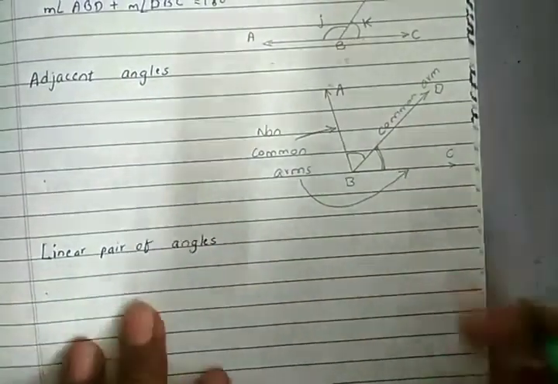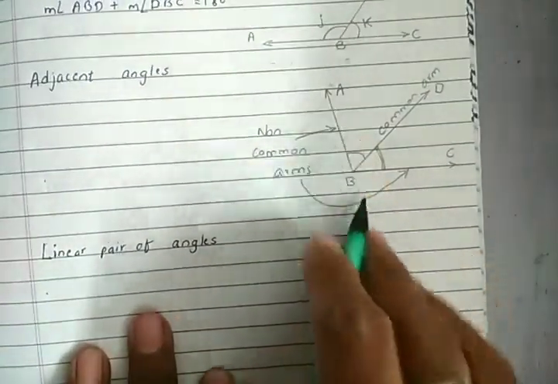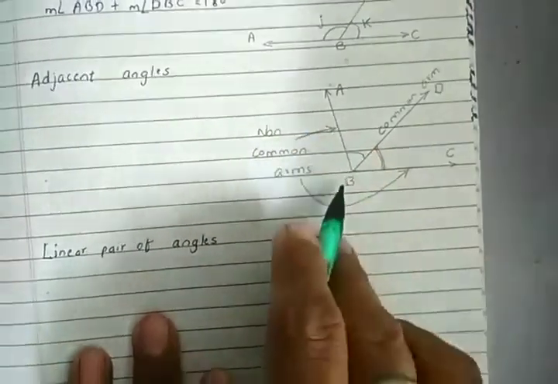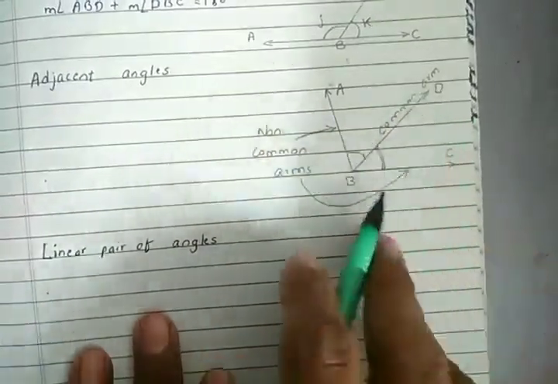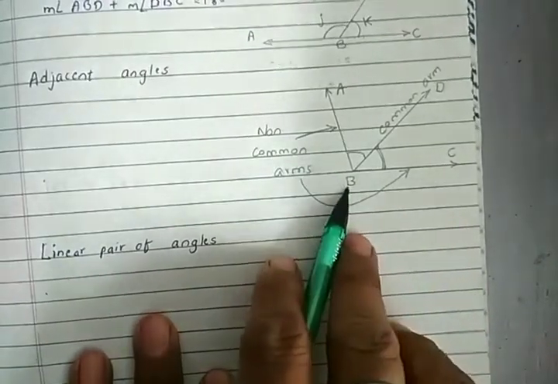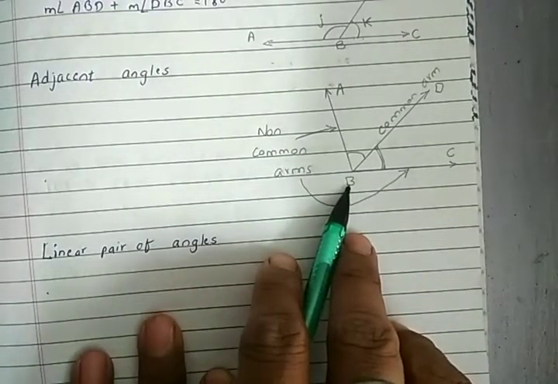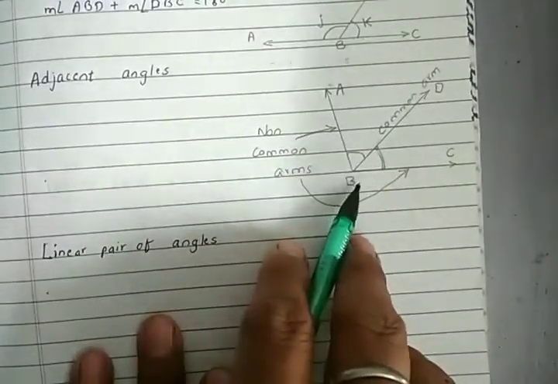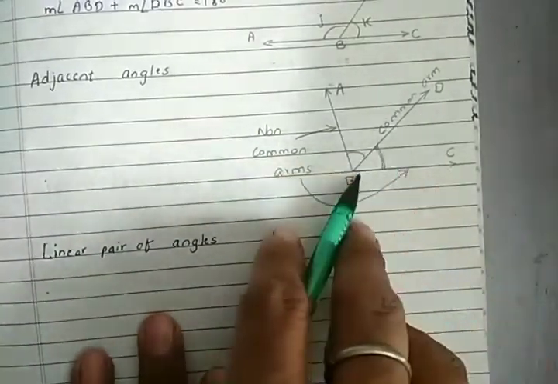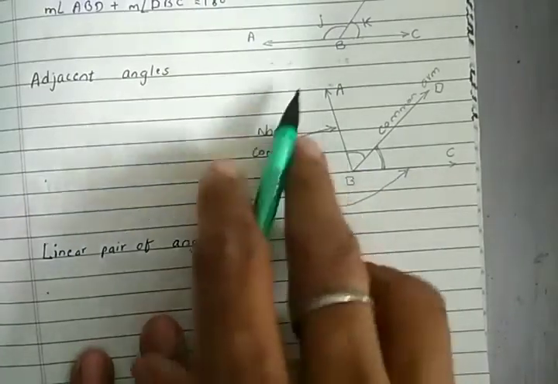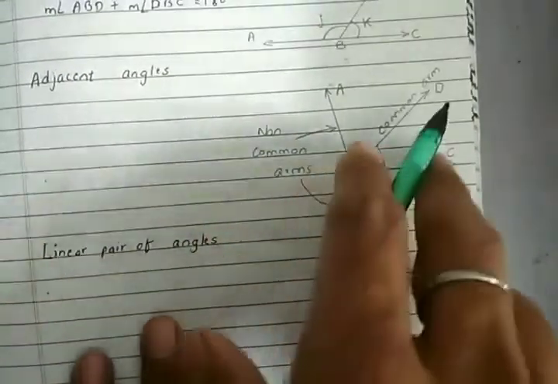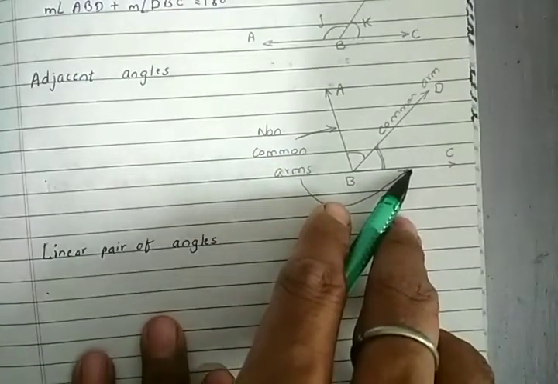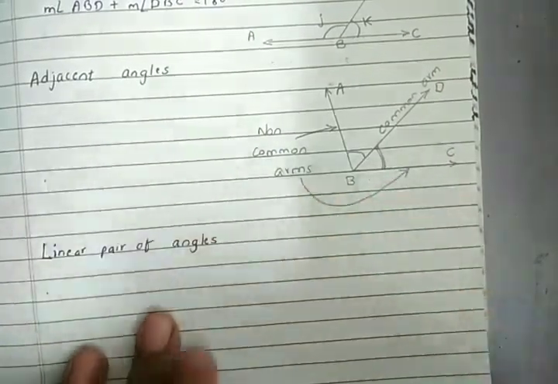Now they have a common vertex B. Angle ABD and angle DBC have a common vertex B, and they have a common arm BD. So in this case, angle ABD and angle DBC are called adjacent angles.